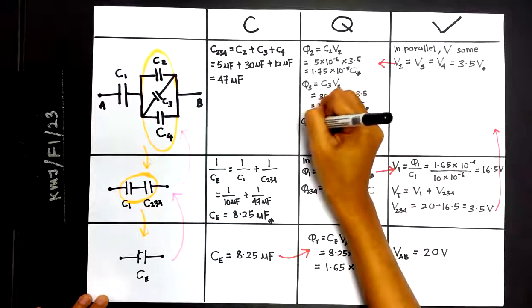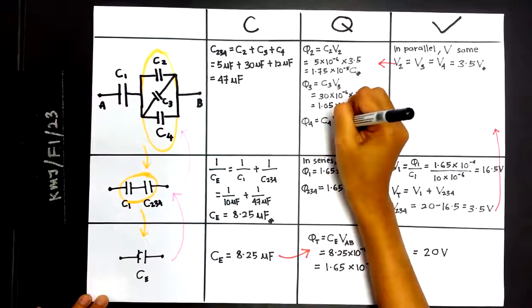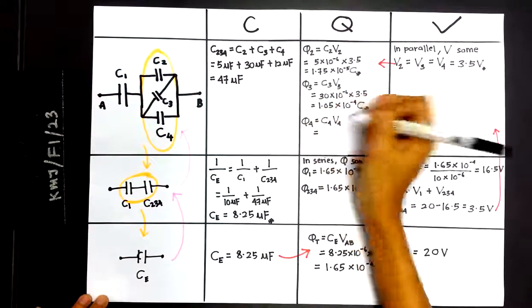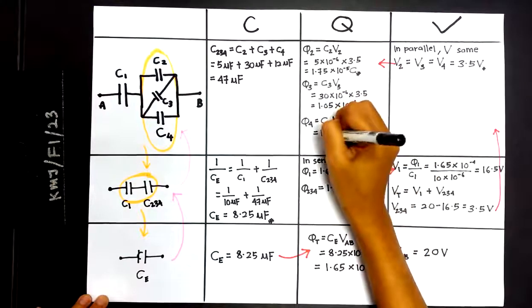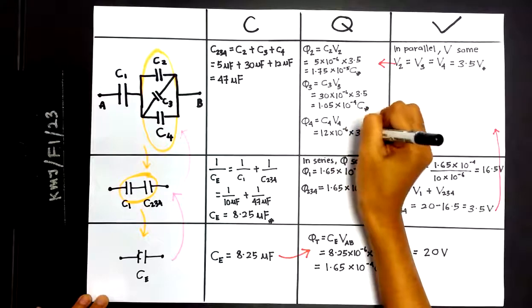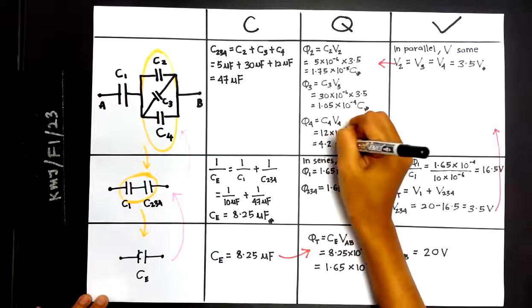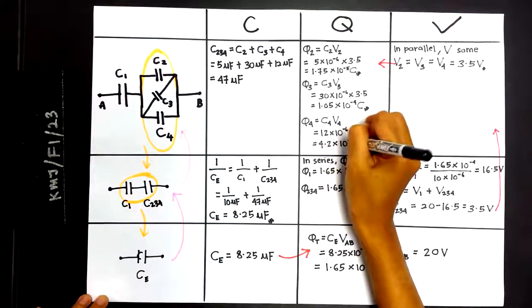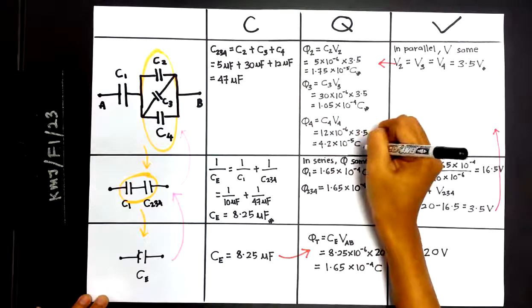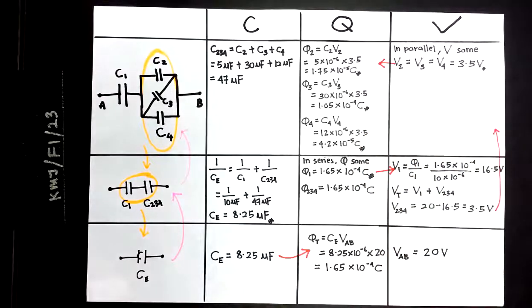And lastly, we have Q4. So we use C4 multiplied by V4. Do the substitution, and that will give us the answer for Q4, which is 4.2 times 10 to the power of negative 5 coulomb.